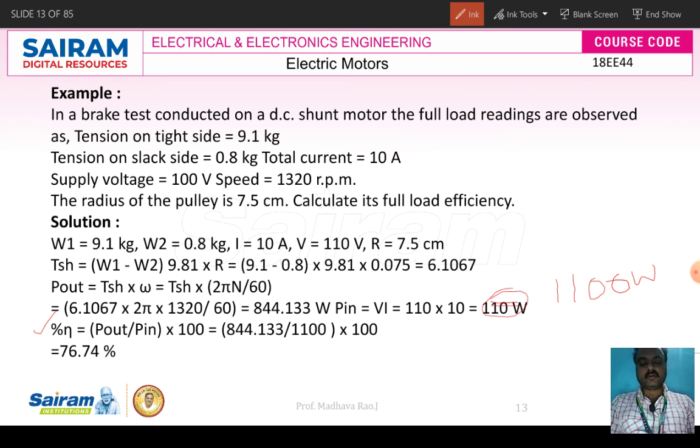Efficiency is equal to power output by power input. Substituting the values, finally the efficiency of the motor is equal to 76.74%.